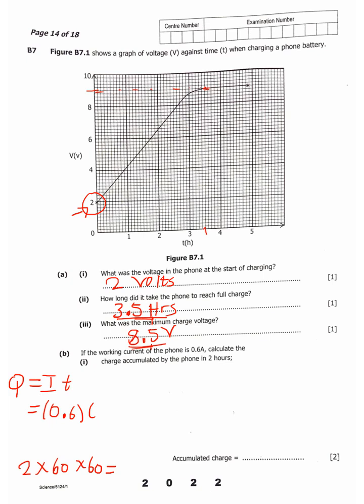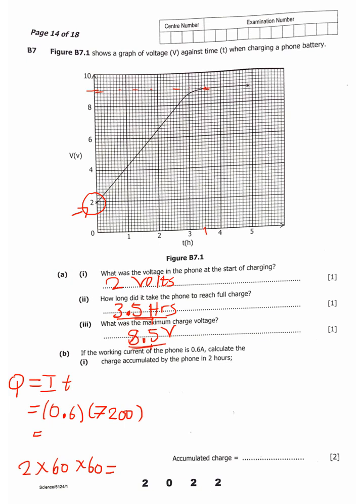So 60 times 60 is 3,600, then times 2, I'm getting 7,200. So we multiply by 7,200. So if we want, we can punch out on the calculator, but if I want, I can just remove 1 zero.